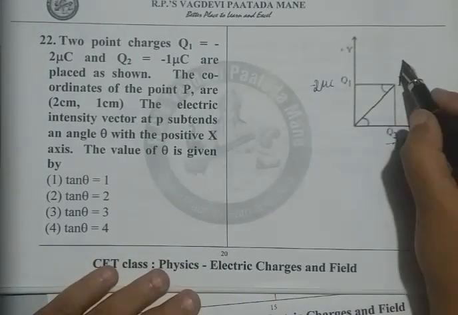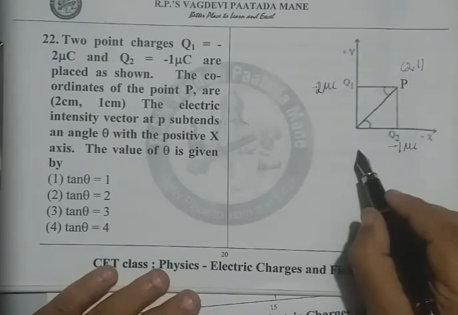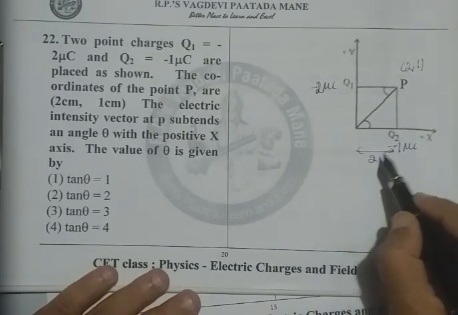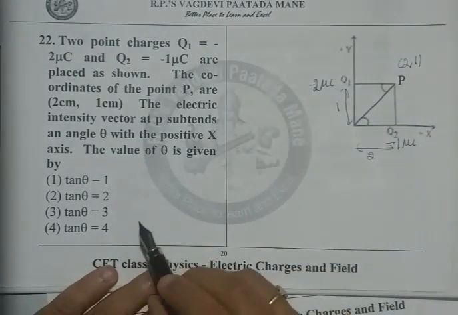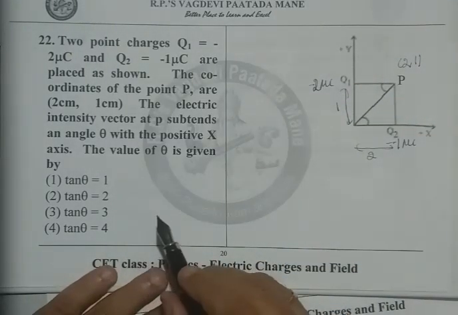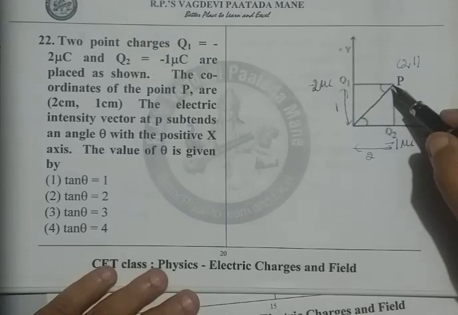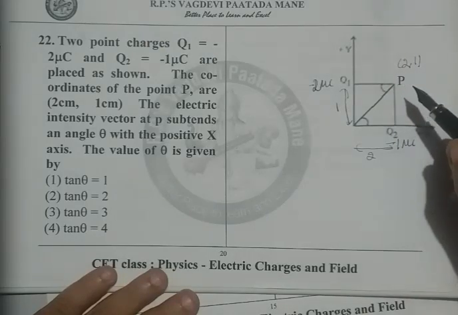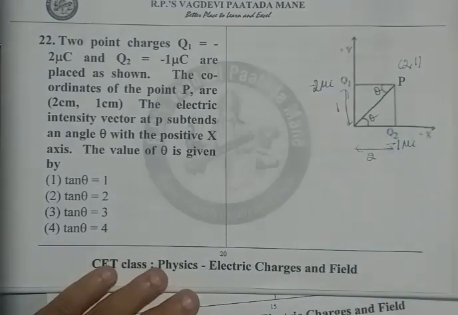That means the coordinates are 2, 1. That means this distance is 2 and this distance is 1. The electric intensity vector at P subtends an angle theta with the positive x-axis. Then the value of theta is given by, if I mark this as theta, this is also theta.